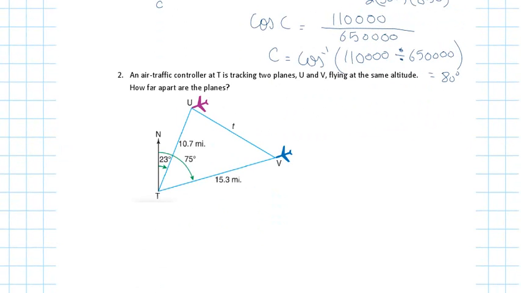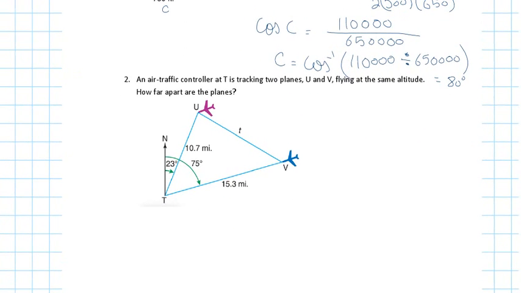Bearings are measured from the north. So when they say at a bearing of 23 degrees, for example, that means this is your north line.